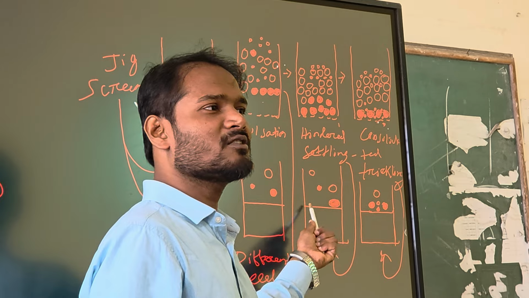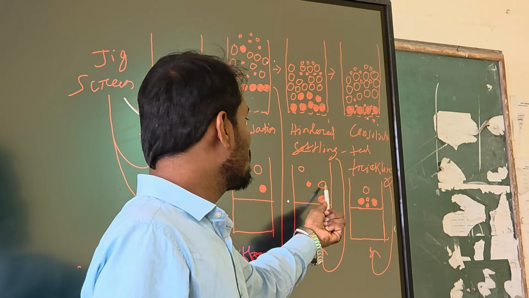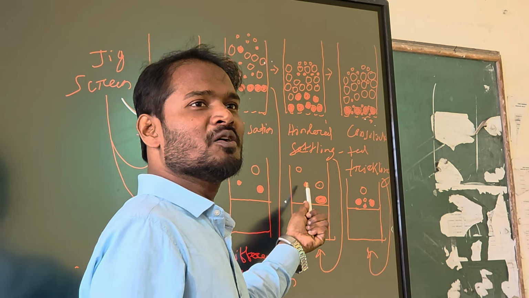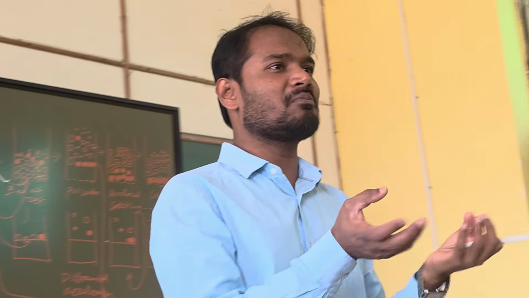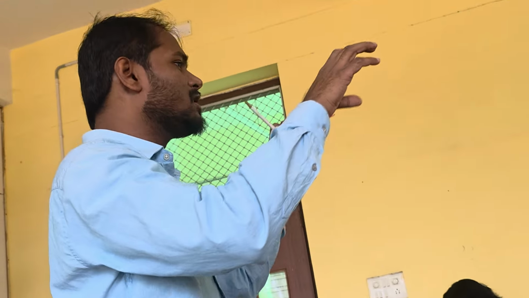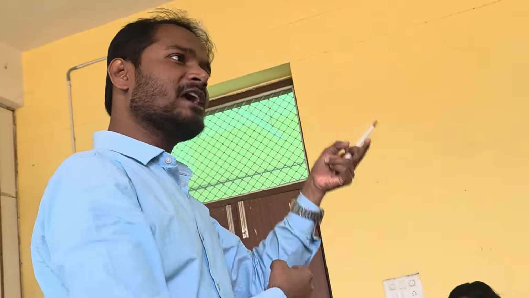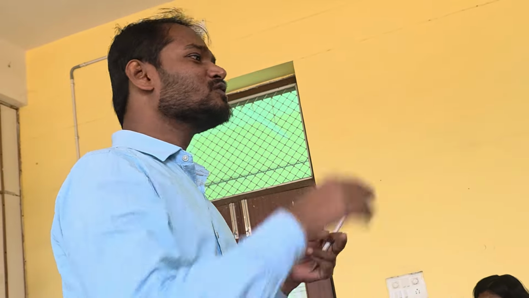Can you tell me why these are close? This is denser and this is bigger, but they will acquire the same terminal velocity. Why? Because you remember, if you have a coarser particle and a finer particle, the coarser particle will acquire more terminal velocity. But here the condition is you have fine particles, but they are denser also. So that's why they become equal. You understand my point?